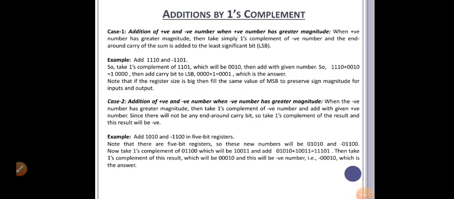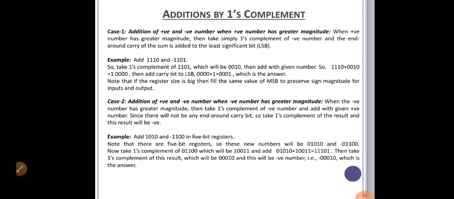Addition by one's complement. In this, there is the first case. The first case says: addition of a positive and a negative number when the positive number has greater magnitude. Magnitude means greater in value.